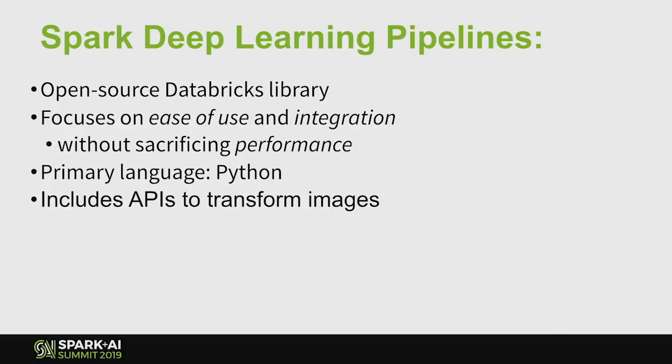But the key takeaway here is Spark Deep Learning Pipelines was built with ease of use and Spark integration in mind. So if you're familiar, say, with MLlib, it has a pretty similar API and syntax. And we support Python, which is in line with the popular deep learning packages out there in open source.